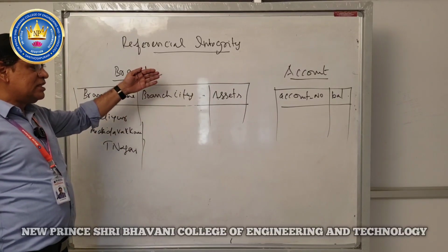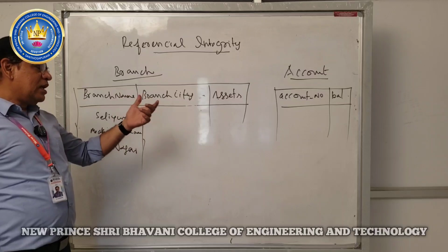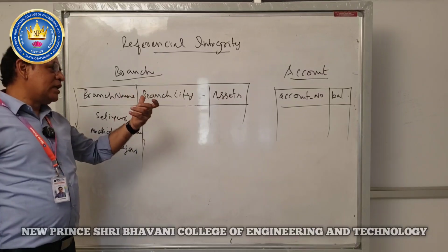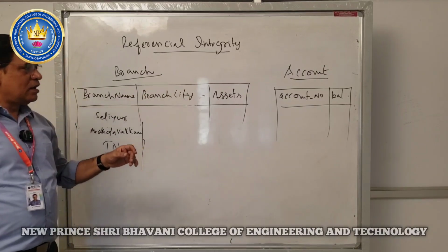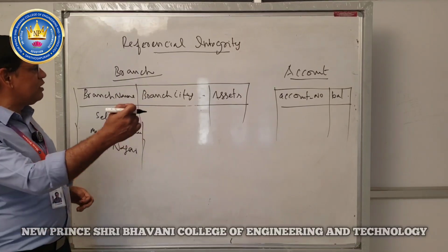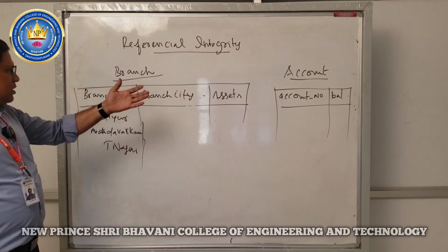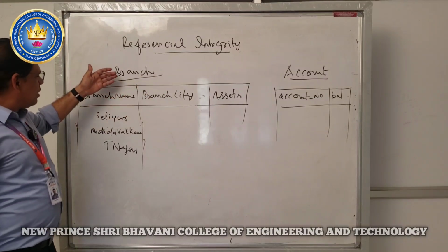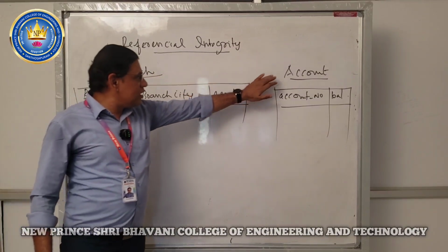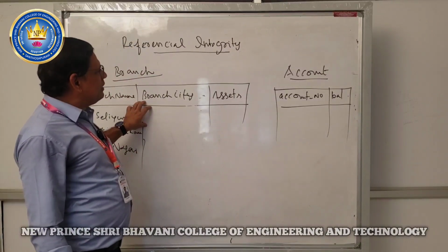Same as the last example we saw for the employee and the department, there we kept the department number or employee ID as the common field through which we established it. In this example also, account can have a relationship with the customer, and with the loan.